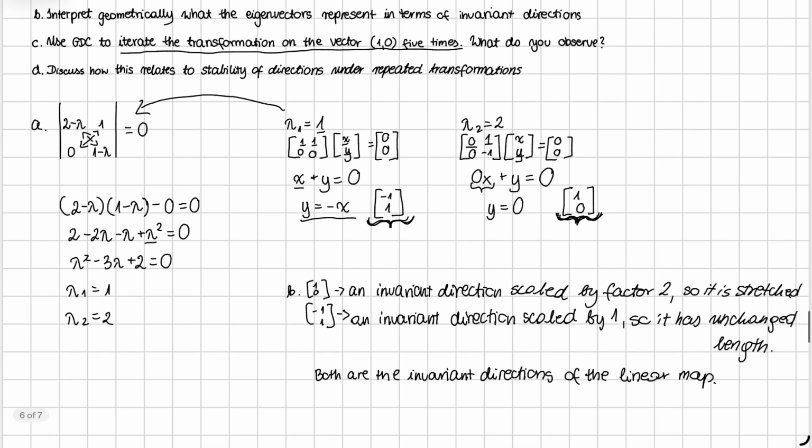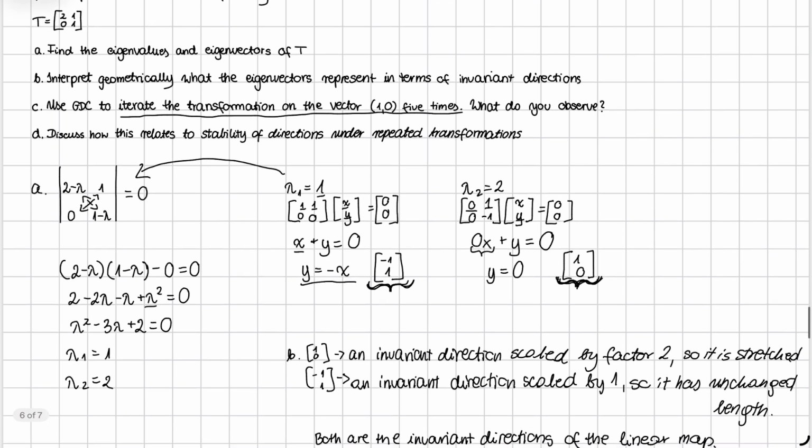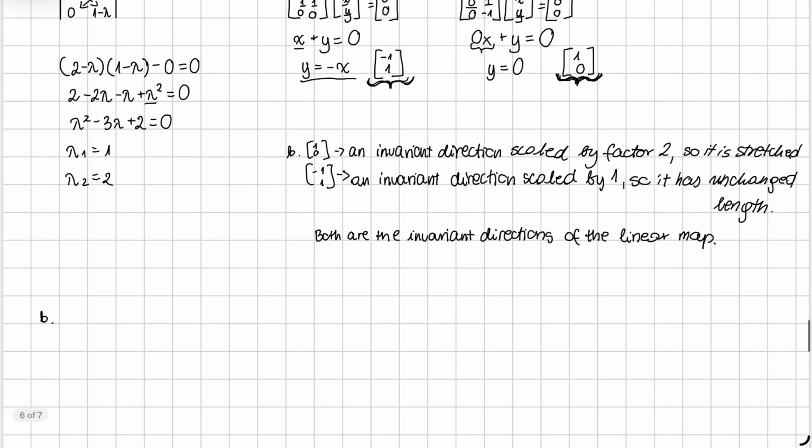So our transformation matrix is 2, 1, 0, 1. So 2, 1, 0, 1 to the power of 5, and then times our vector, so 1 and 0. So we can simply calculate it using our GDC, and the answer is 32 and 0.